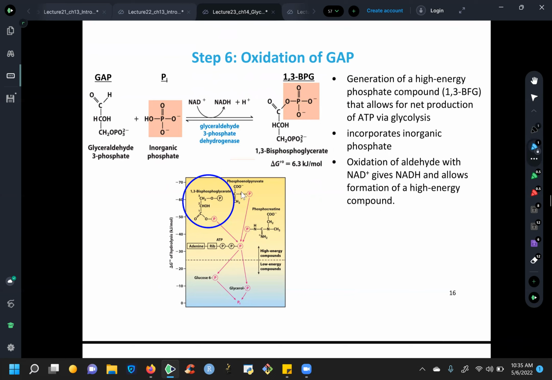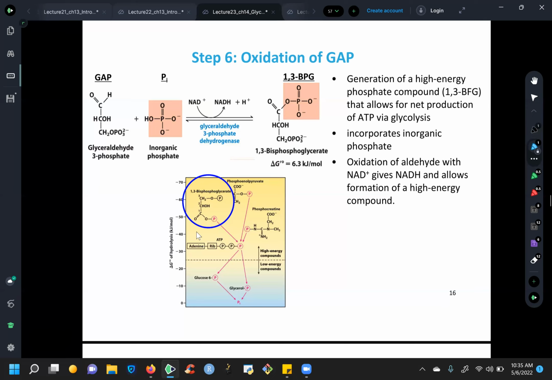So remember, we already talked about phosphoenol pyruvate and how that's a high energy molecule. But here in step 6, this is also a high energy molecule. We have 1,3-bisphosphoglycerate, so definitely know that. This allows for net production of ATP via glycolysis.